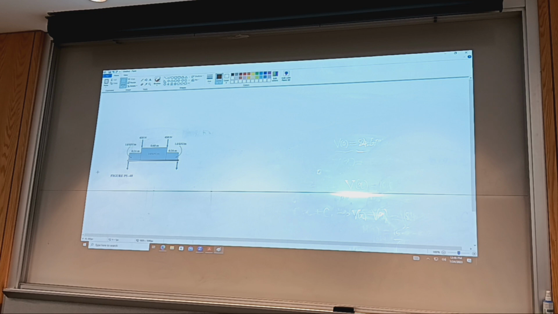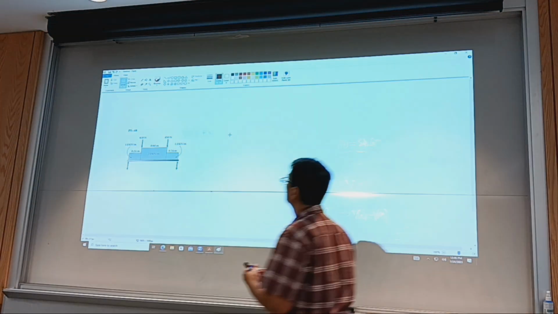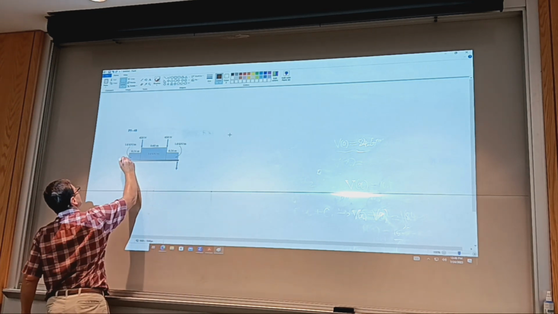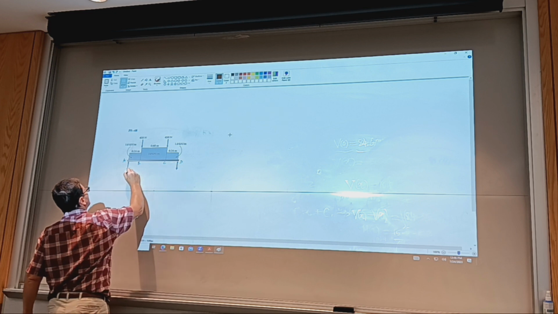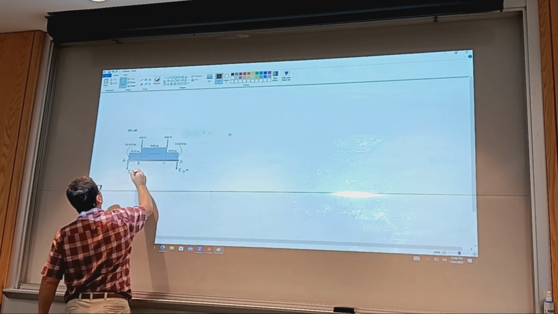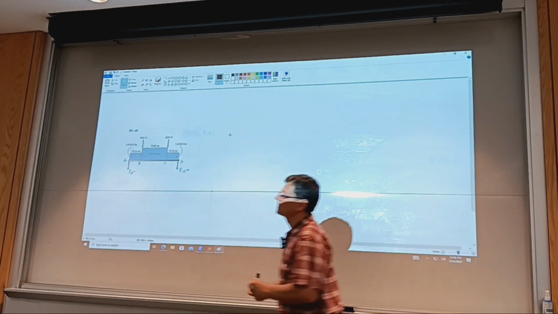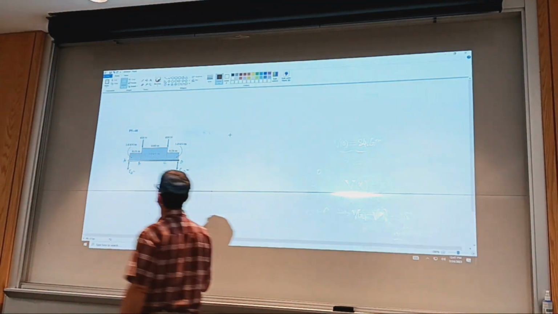I'm just trying to, so this is the problem, all right. Let's see. So firstly, let's call these points A, B, C, and D. We need to find the reaction at A and the reaction at D. All right. Because of the symmetry that I was telling you, I'm not going to go through all the sum of moments.